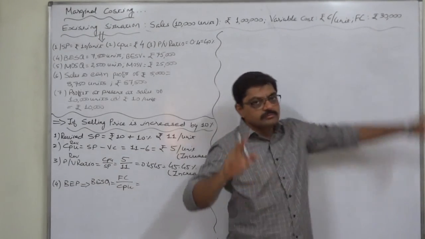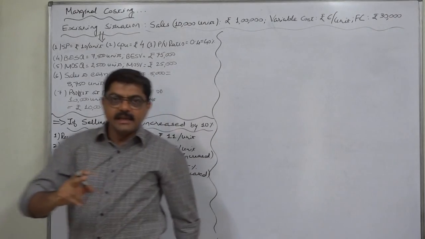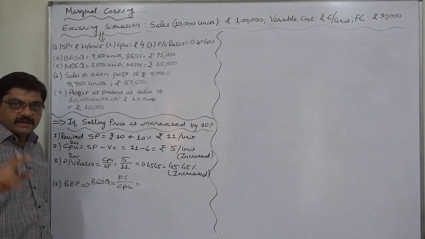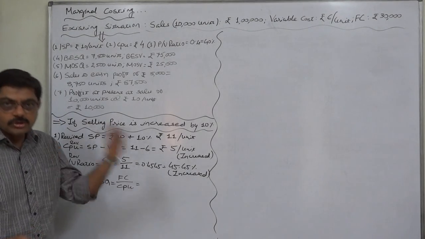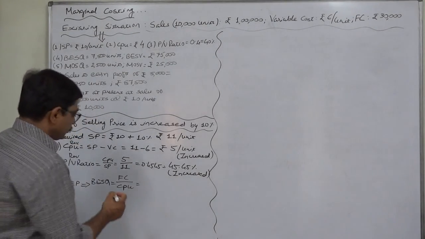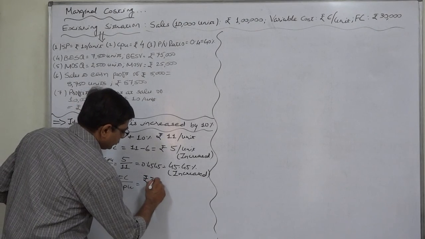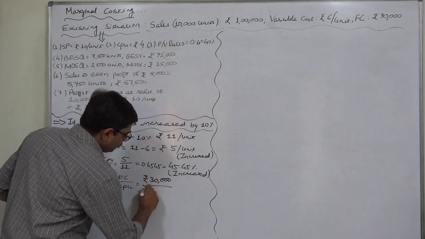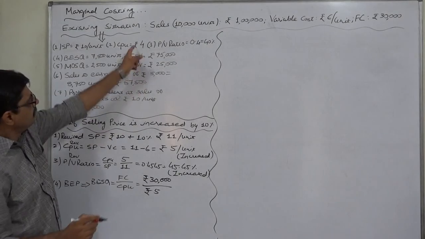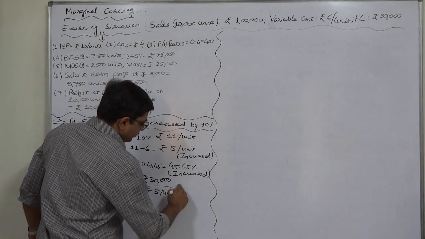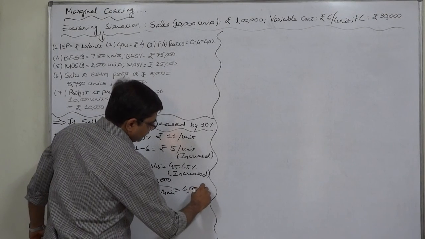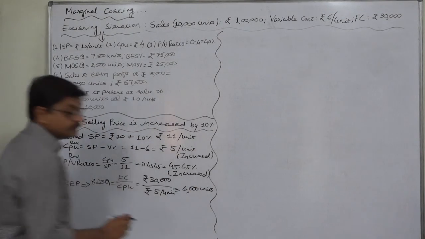Fixed cost will change only as an effect of external factors. So there will be no change in fixed cost because of our change in selling price. It will remain rupees 30,000. But now the contribution has increased to 5 against 4. So the break-even sales quantity comes to 6,000 units.